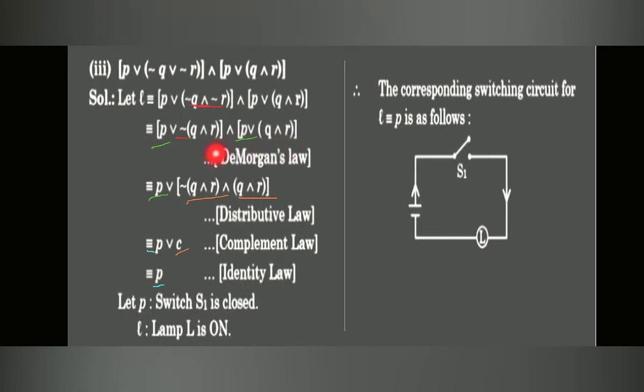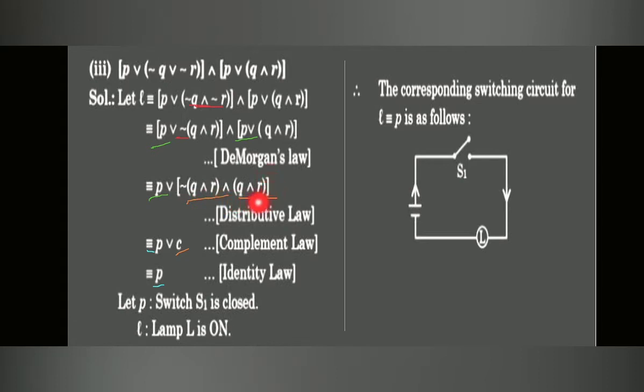And now this P and this P, take common. Apply the distributive law here. The distributive law means the common statement P is taken common, P and this P, and this R is written as it is, and the remaining is ¬Q and R, taken in a bracket, (¬Q ∧ R) and (Q ∧ R).